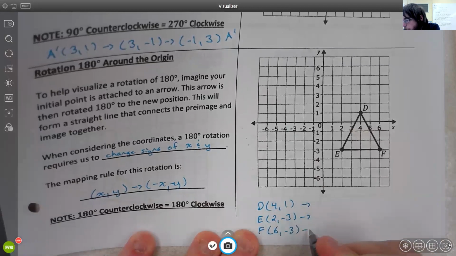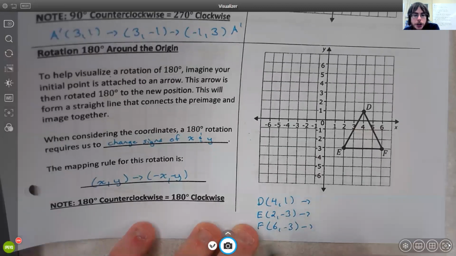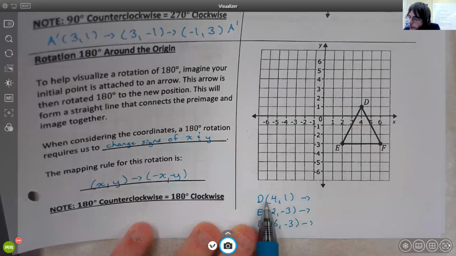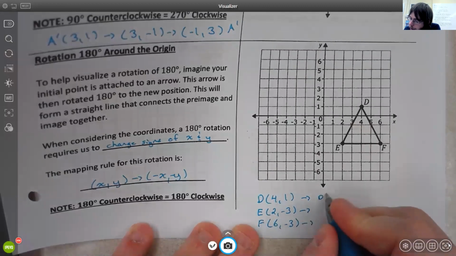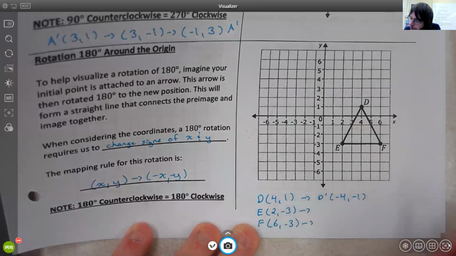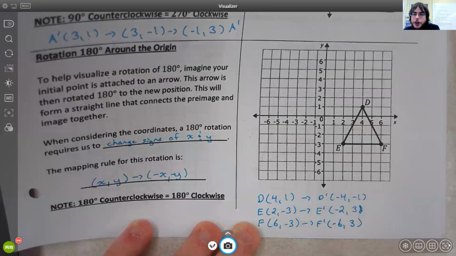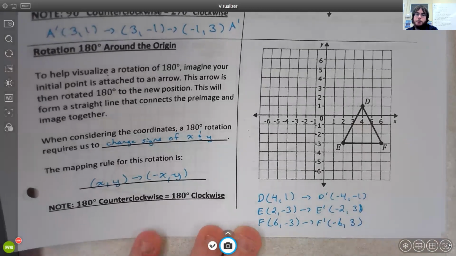Now, for a 180-degree rotation, all we do is change the signs. So 4, 1 is going to become -4, -1. 2, -3 is going to become -2, +3. F prime is going to become -6, +3. All we did there was just change the signs of both of them.